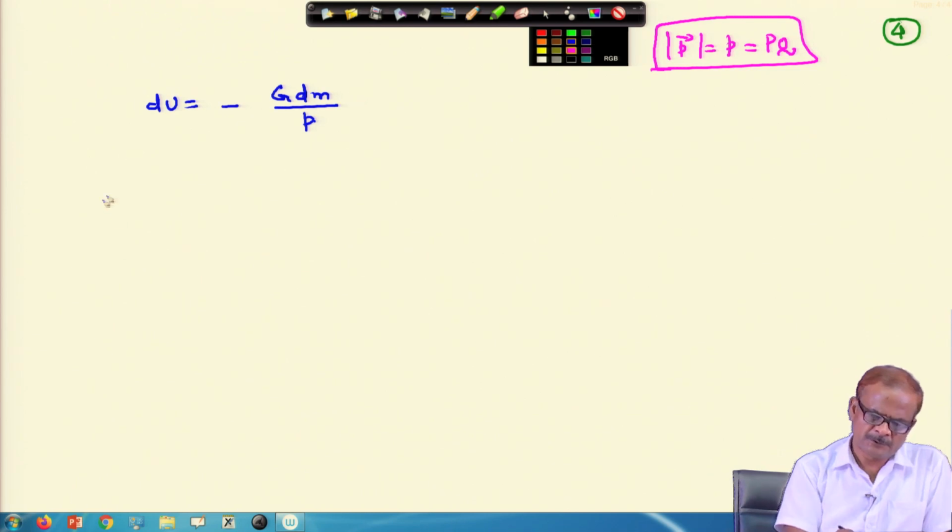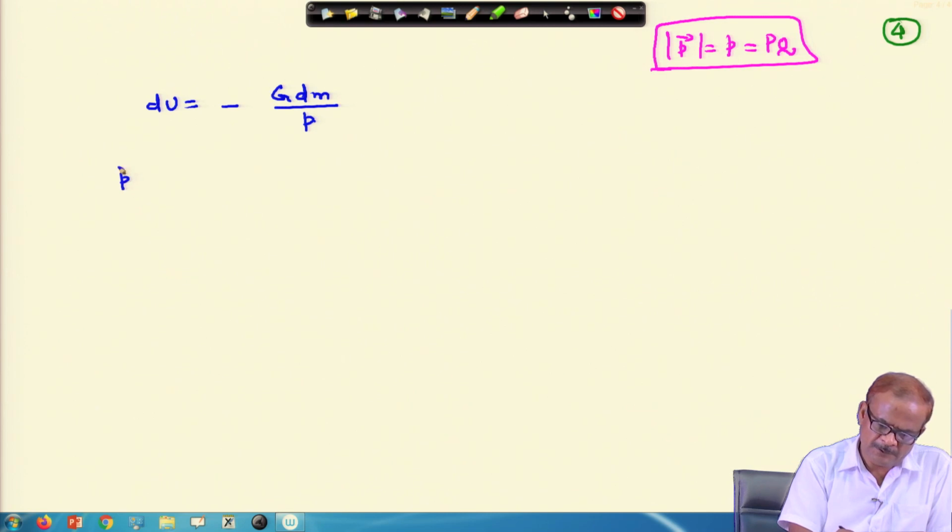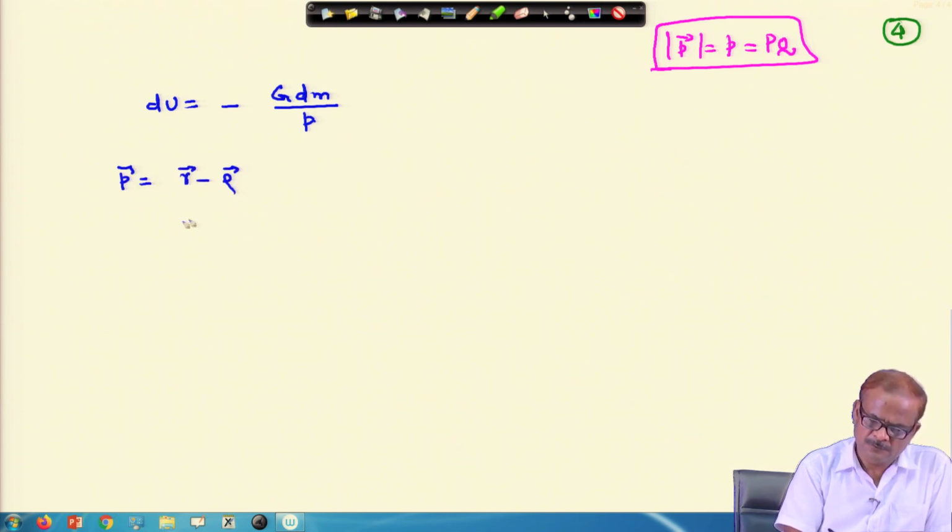So, this gives us the potential, and what is the value for p? For p we have already written p is the vector r minus rho, and if we take the dot product with itself, this becomes p squared.